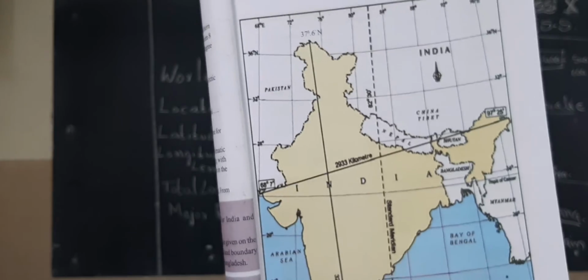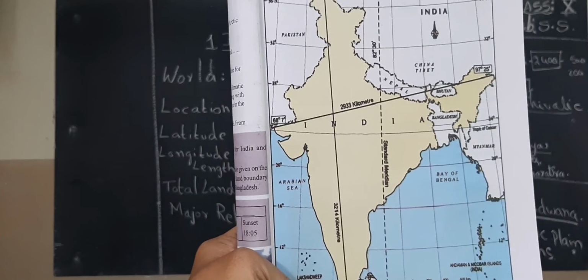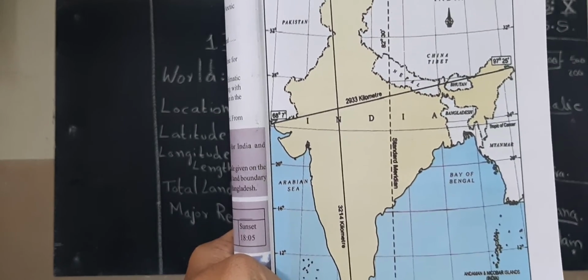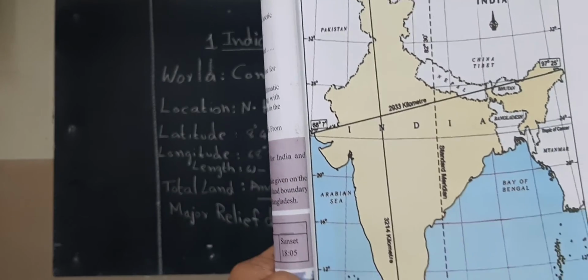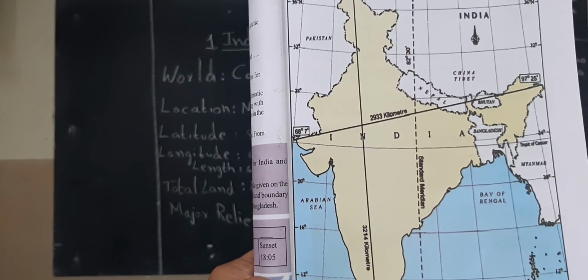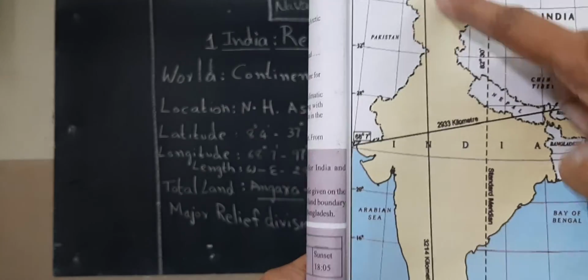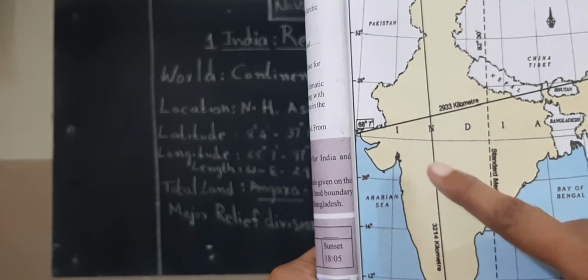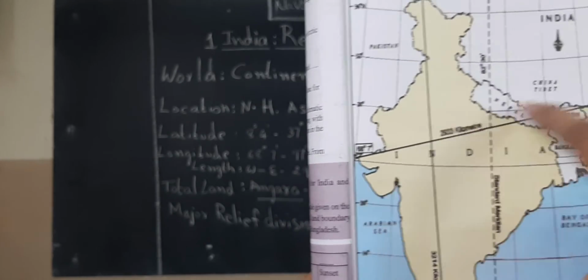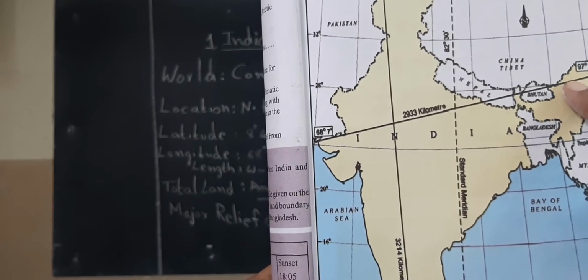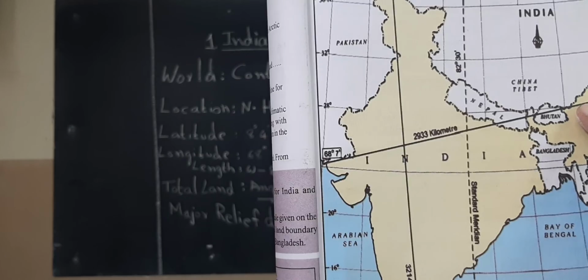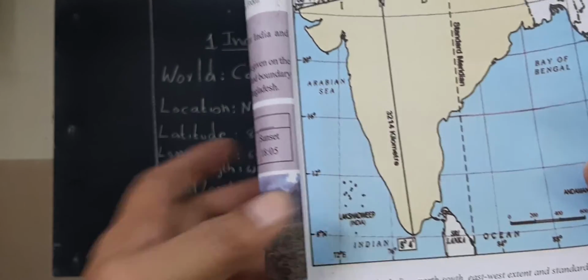Now once again, children, look at this map. So this is our country, India. This is the length from south to north. This is the length from west to east, children. I already explained on the blackboard. Next, latitudinal extent.